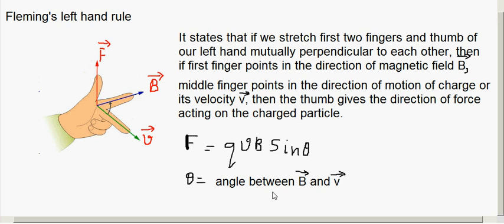Now we can take different cases of theta, like what happens if theta is 0, theta is 90 degrees, theta is 180 degrees, and then we can see what happens to the force.